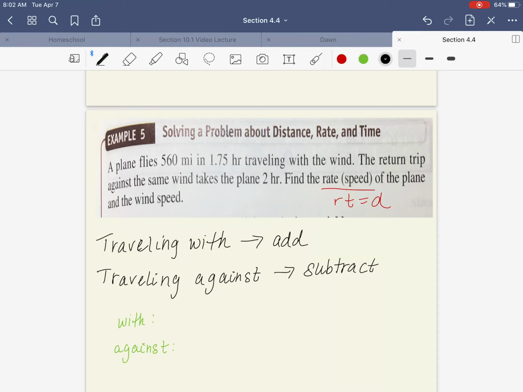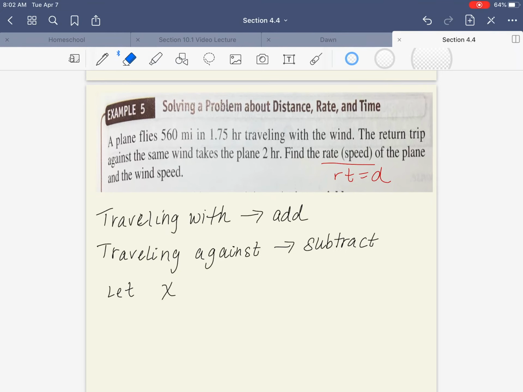But let's first identify our X and Y. I didn't do that. Okay, so let's let X be the rate of the plane, and let Y be the rate of the wind.